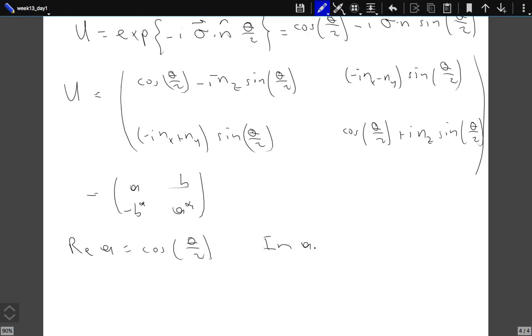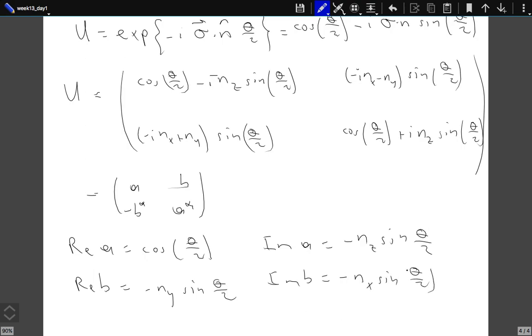The imaginary part of A is minus nz sine theta over 2. The real part of B is minus ny sine theta over 2. And the imaginary part of B is minus nx sine theta over 2. So we know what the coefficients A and B are.